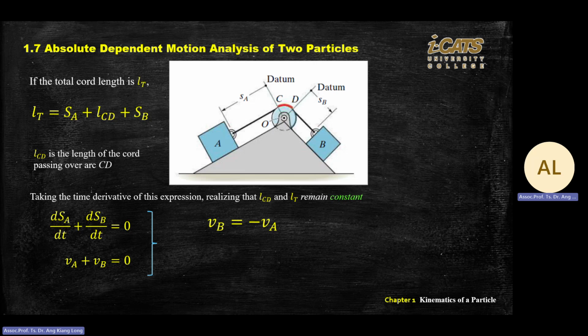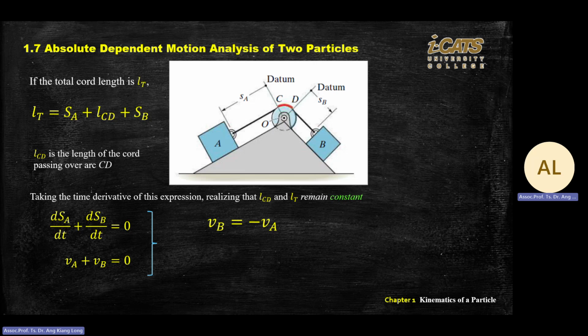Now, recall we are doing vector. What does this equation mean to you? There's a question asked, what does the motion mean in your calculation? What is the direction relative between A and B?